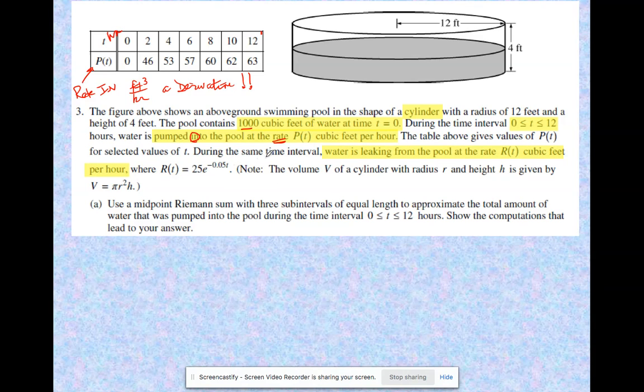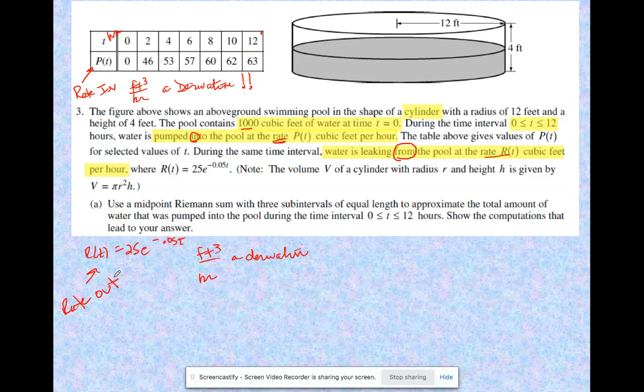During the same time interval, water is leaking out from the pool at a different rate, also in cubic feet per hour, but R of t is also in cubic feet per hour and is a derivative, but it is a rate out.